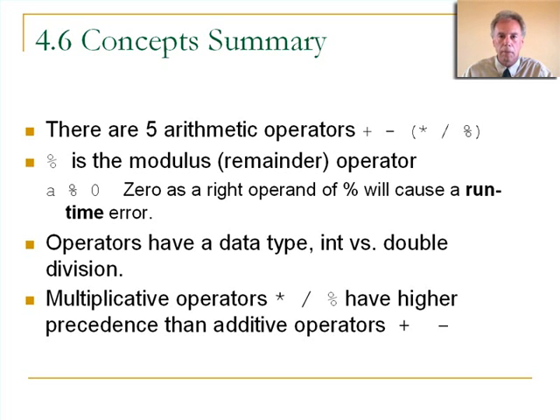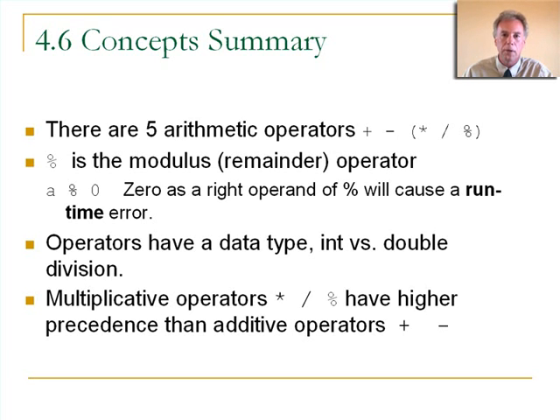Operators have a data type based on the operands that are being used. So we looked at the condition of an integer division versus a double division. In int division, we have only whole numbers as the result. So an int divided by an int is an int, and the example we looked at, 10 divided by 4 is 2.